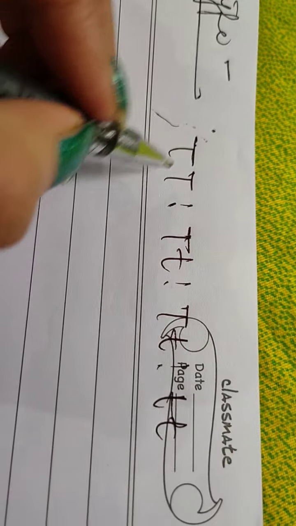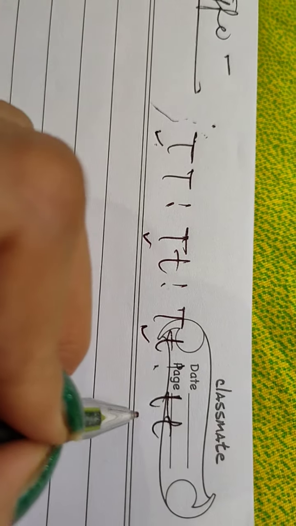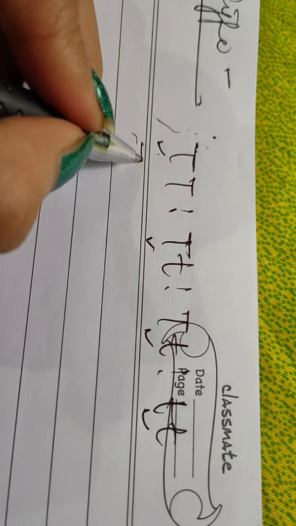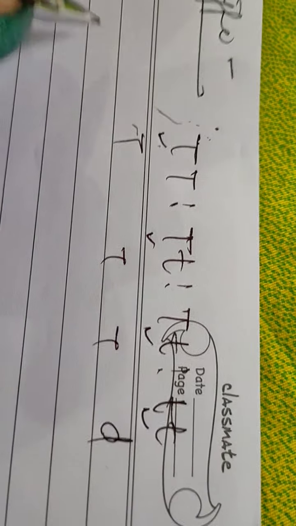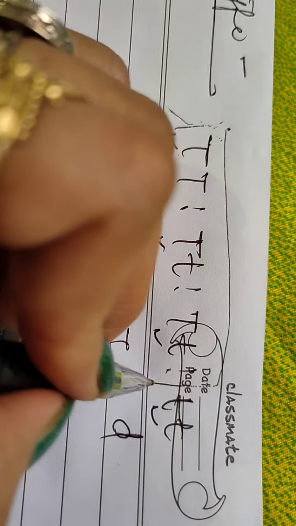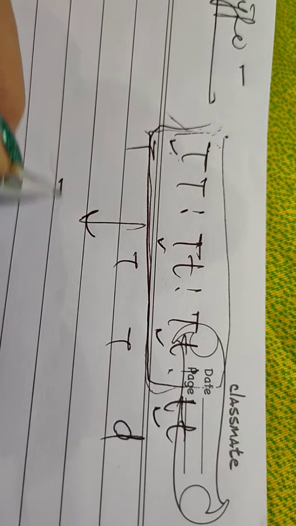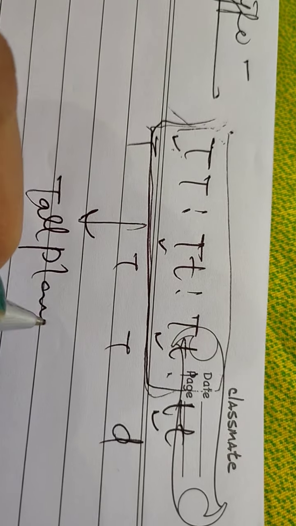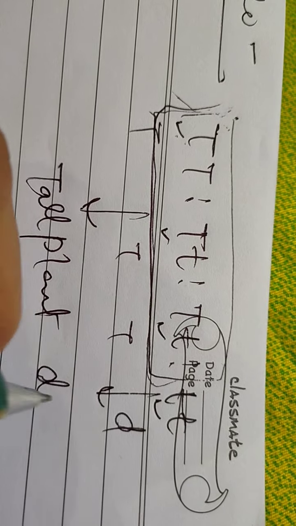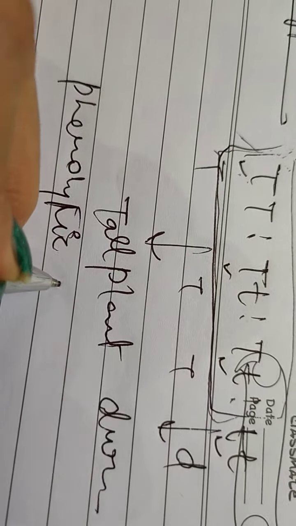So this is tall, tall, tall, and dwarf. Tall, tall, tall, and dwarf. Here we can see that the appearance of this genetic combination is a tall plant and this one is dwarf. So the phenotypic ratio will be 3 is to 1.